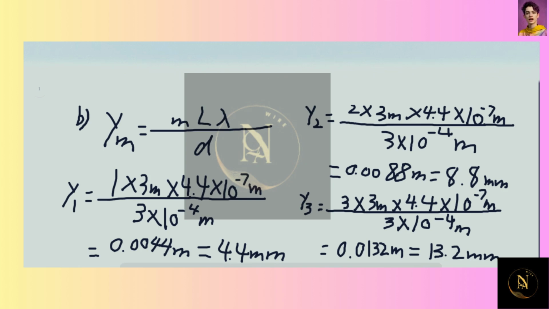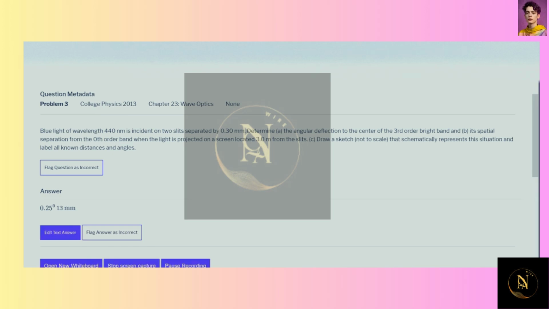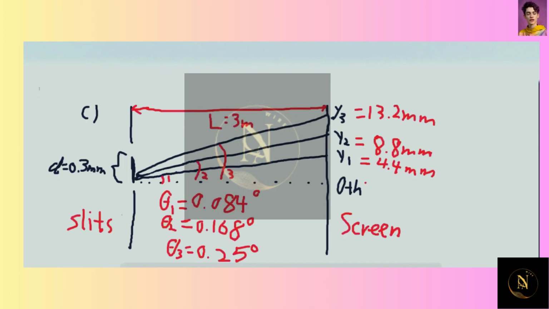For question C, we need to draw a sketch that schematically represents this situation and label all known distances and angles. So that's what I got. We know the distance between the slits and the screen is 3 meters, so this is capital L here.